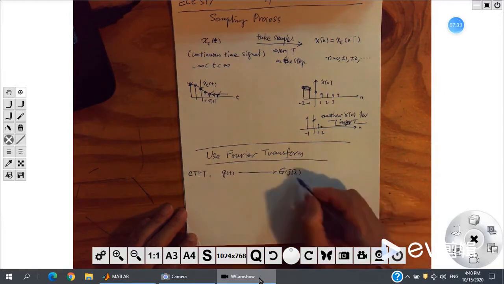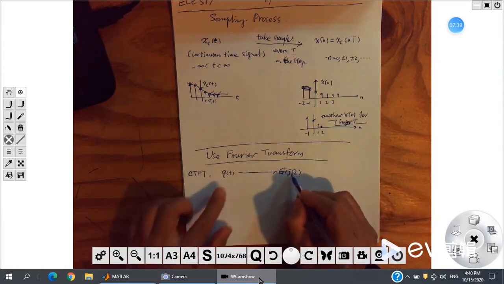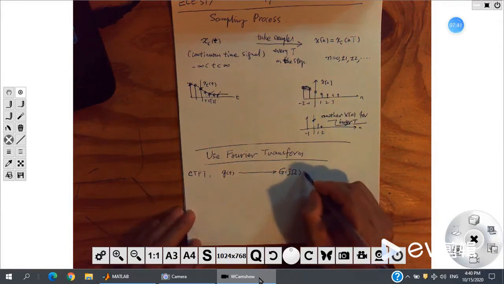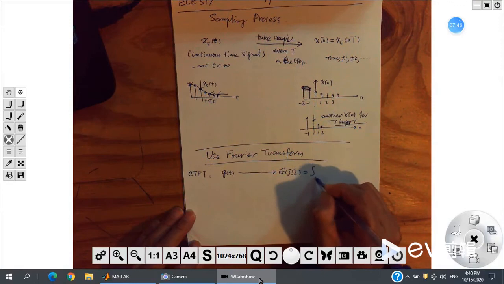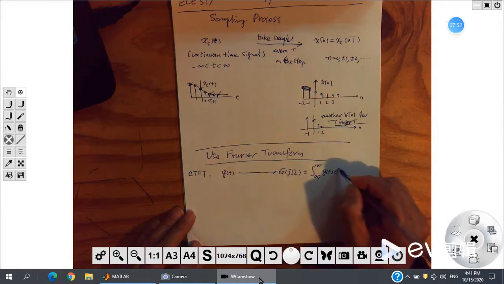Omega is just for frequency. I use capital omega, which means this is for a continuous time signal. This is equal to the integral from negative infinity to positive infinity of g of t times e to the negative j capital omega t dt.